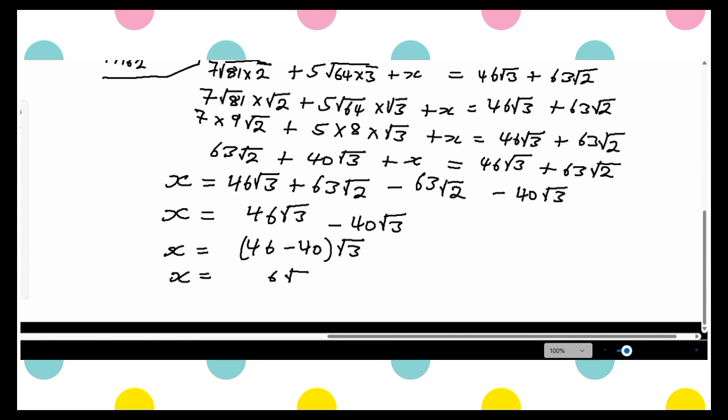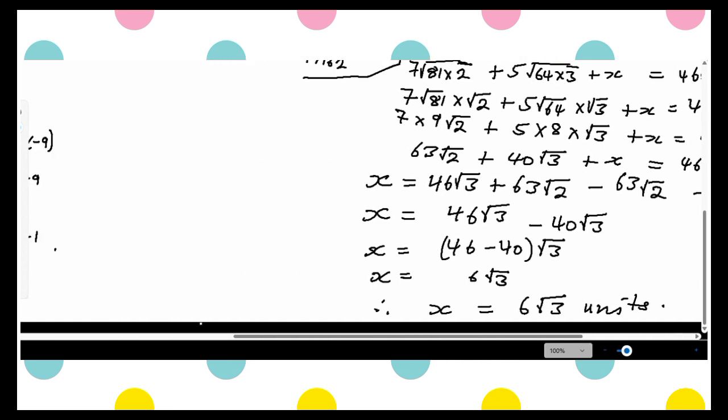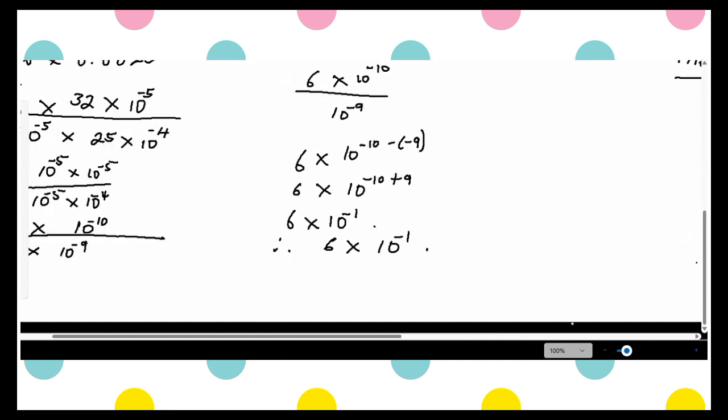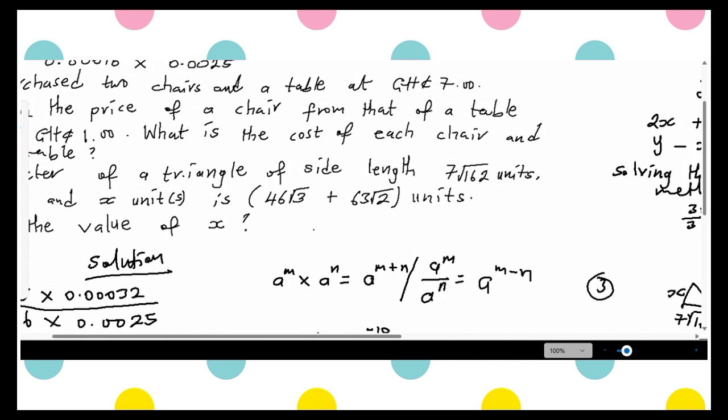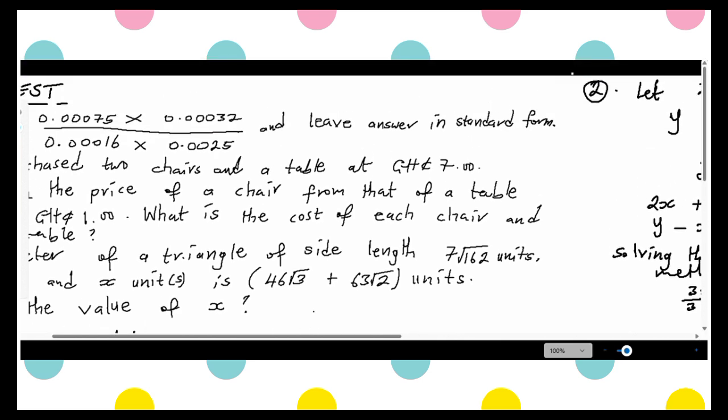Then we bring our root 3. So therefore x is equal to 6 root 3 units. We're done figuring out this solution.